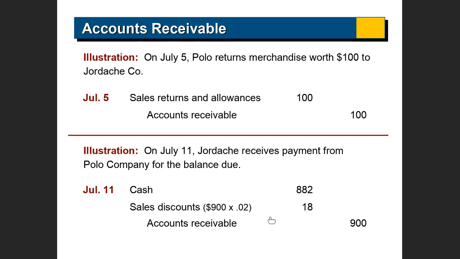And usually any account that starts with sales and then something else is a contra revenue account. Okay? For example, if you have sales discount or sales returns or sales allowance, all of those are contra revenue.